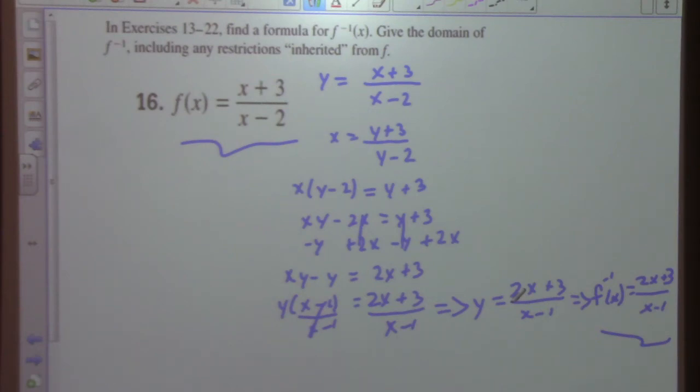Cross multiply, you have xy, that's a minus, right? That should be minus. So you have xy minus x equals y plus 3.